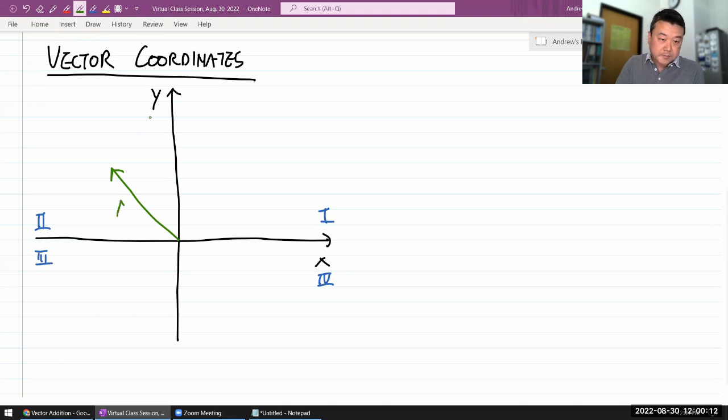So let me say that this is my A vector. Then the vector components would be these two smaller vectors along the x and y direction that will add up to be this vector. So this is my x component of the A vector, and this is my y component of the A vector.